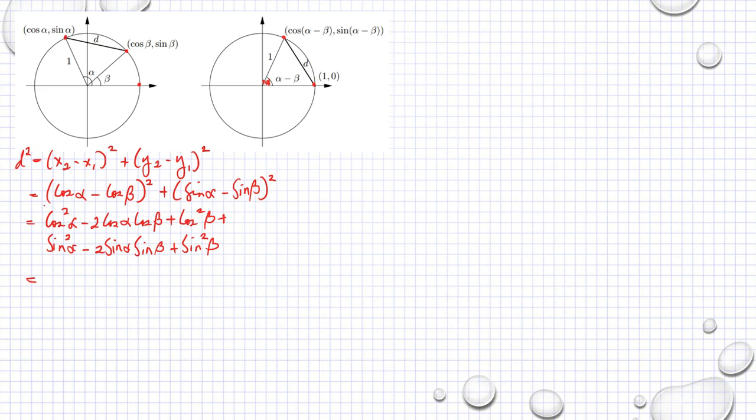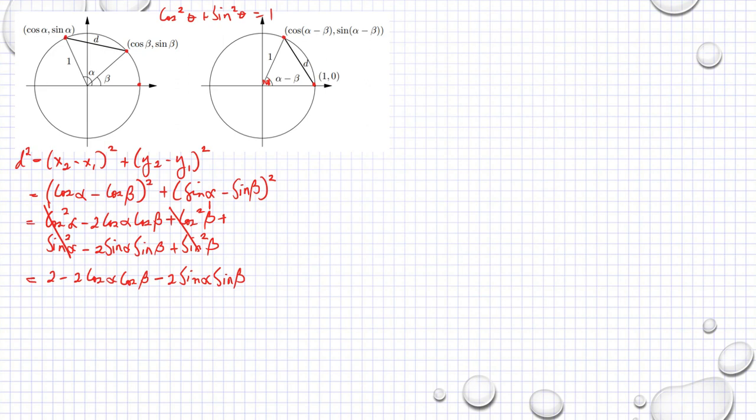As you can see here, this is equal to 1, and this is also equal to 1. Why? Because cosine squared theta plus sine squared theta is equal to 1. That's the Pythagorean identity. So we have 2 minus 2 cosine alpha cosine beta minus 2 sine alpha sine beta.